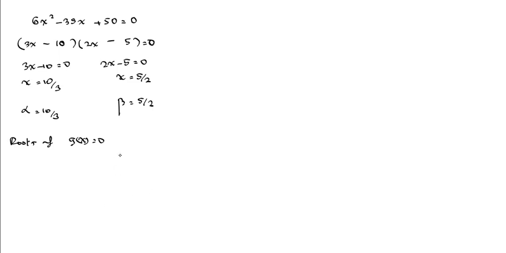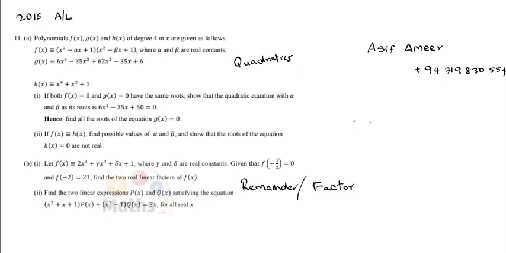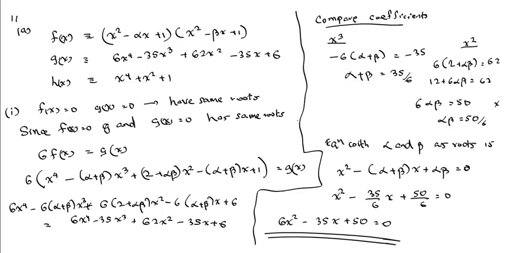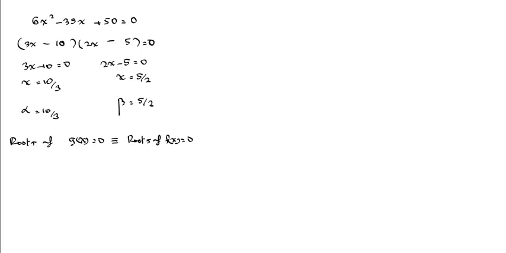The roots of g(x) equals 0 should be equal to the roots of f(x) equals 0. That is what they are asking, right? See, find all the roots of the equation. They are telling us that if both f(x) equals 0 and g(x) equals 0 have the same roots, therefore we'll find the roots of f(x) equals 0.